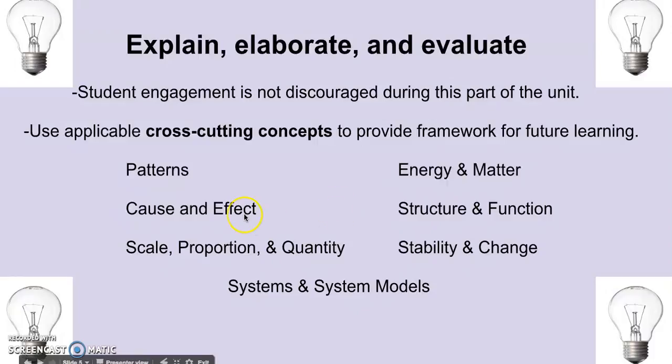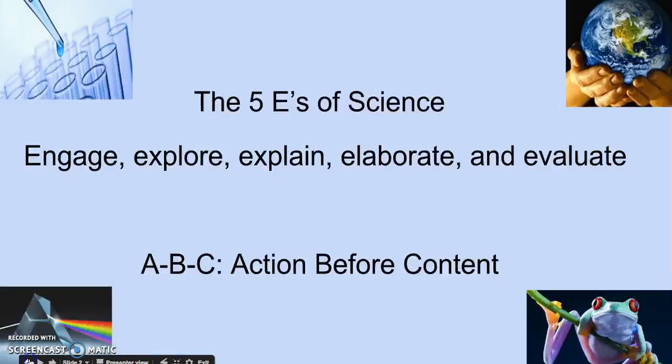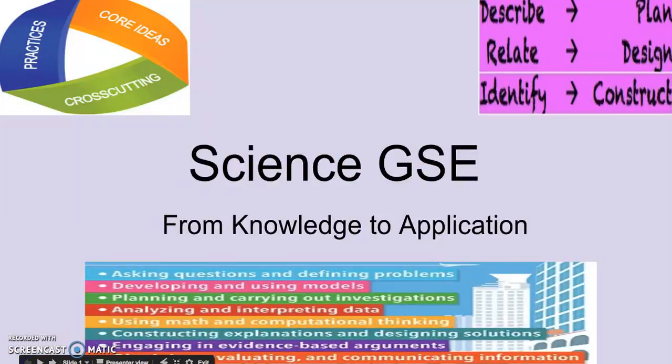So, I hope you can take this 5E concept and see how you can better grasp the new standards and how they can apply to your classroom. And maybe the ABC, action or active thinking before content, can make that point a little bit easier to remember. Well, I hope this has been fruitful for you.